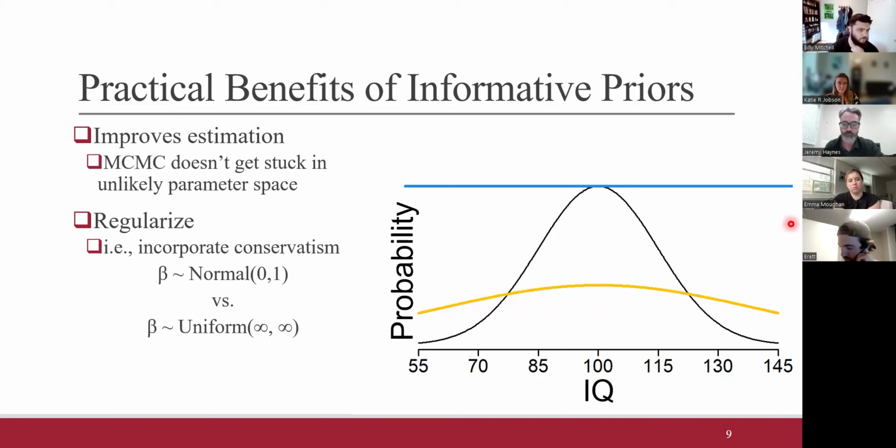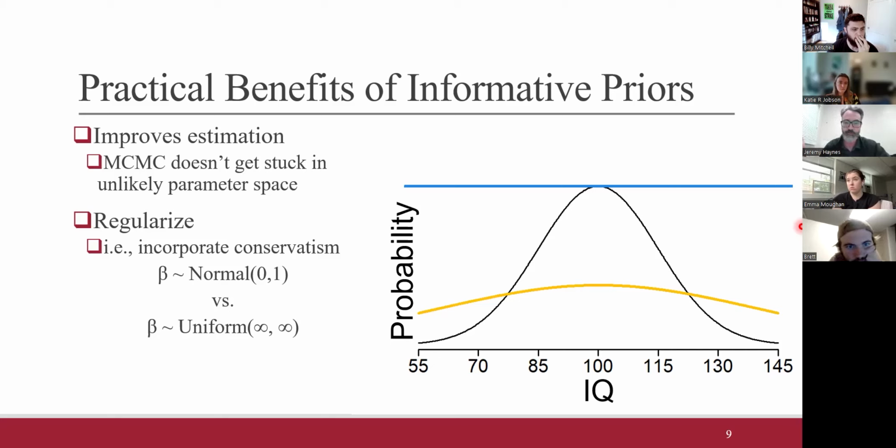It can also be used to incorporate conservatism. You'll often see the phrase regularization. And the way priors can help us be a little bit more conservative about our inferences is, let's consider a beta coefficient from a regression model. So a beta coefficient of 0 means that there's no effect.